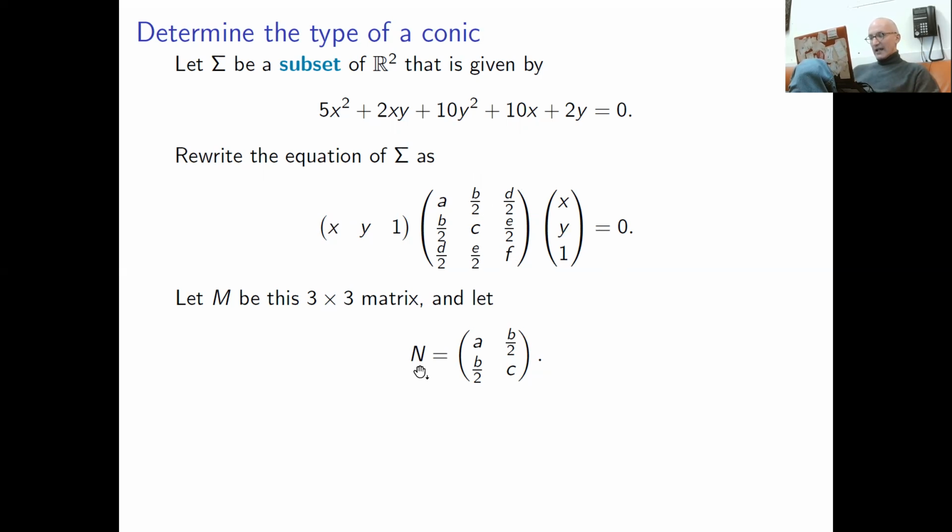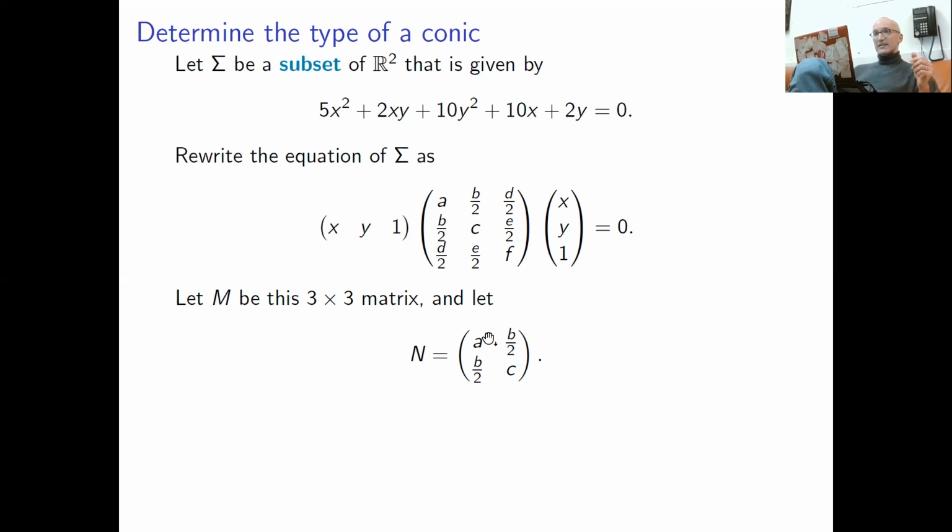So we know that the eigenvalues of matrix N determine the type of our conic almost uniquely. There are some discrepancies sometimes, bad cases. For example, if the determinant of N is positive, then it's very likely that this is an ellipse.